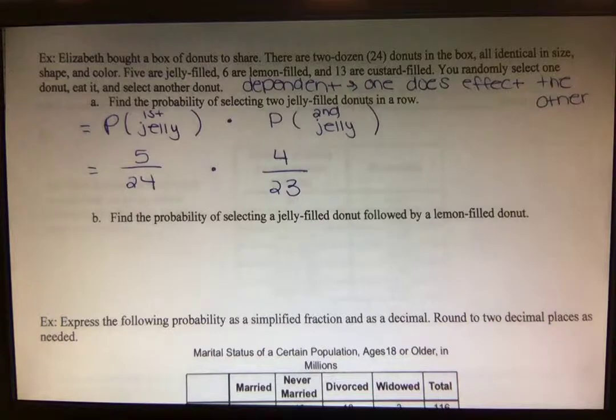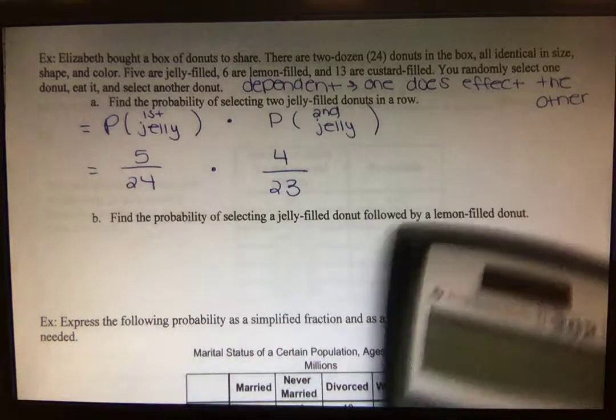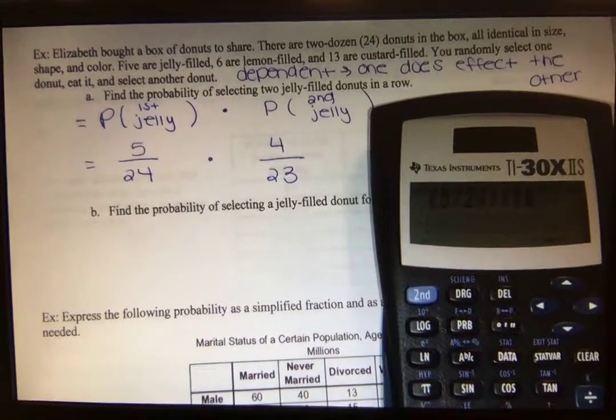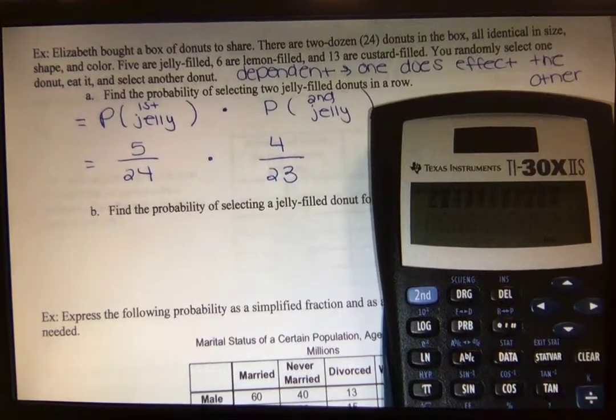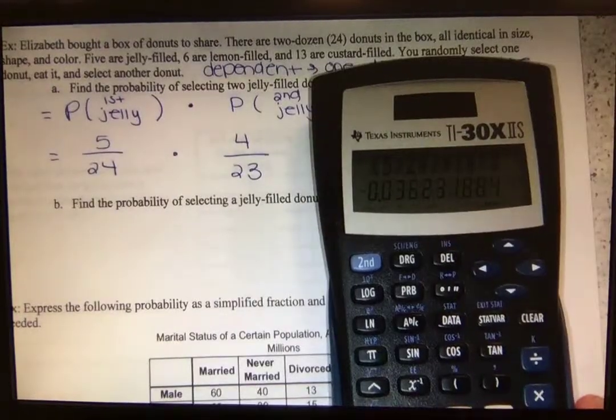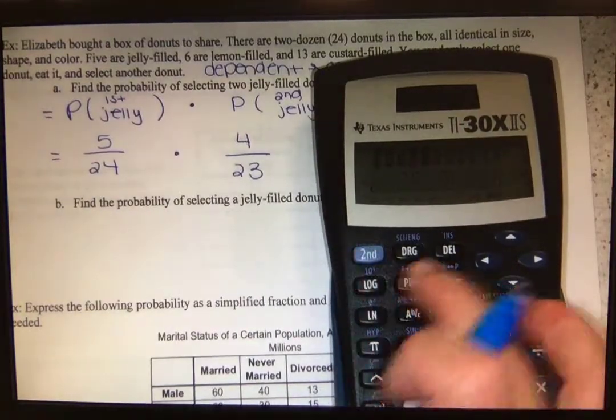Same concept, multiplying straight across and simplifying, or plug it into your calculator. 5 divided by 24 times 4 out of 23. Changing that decimal into a fraction.